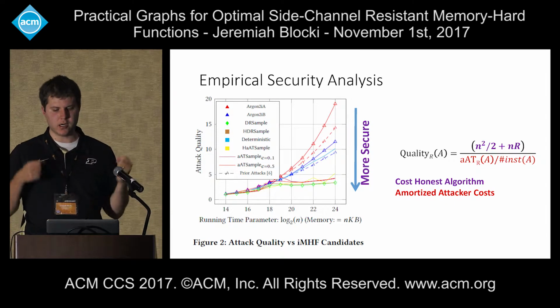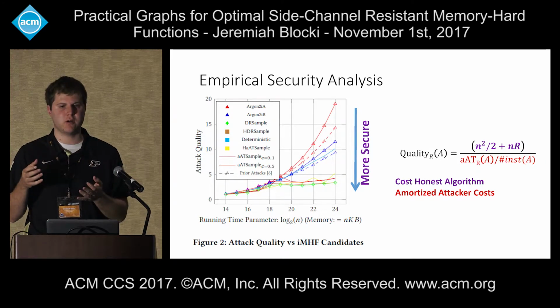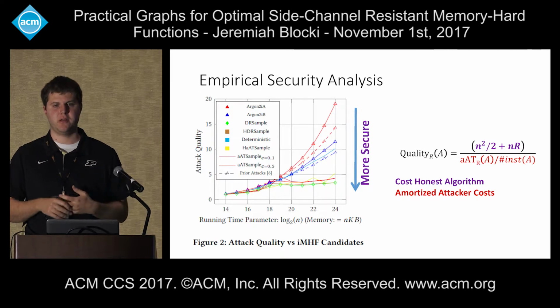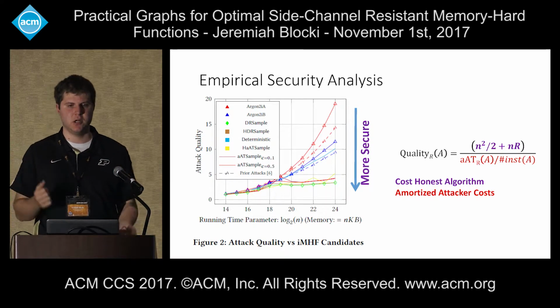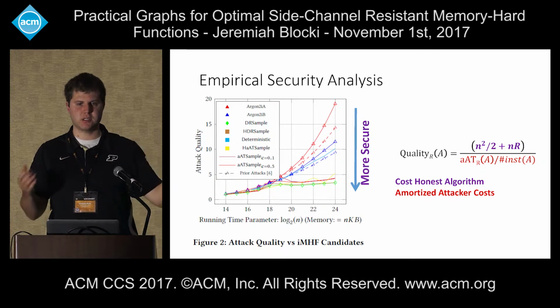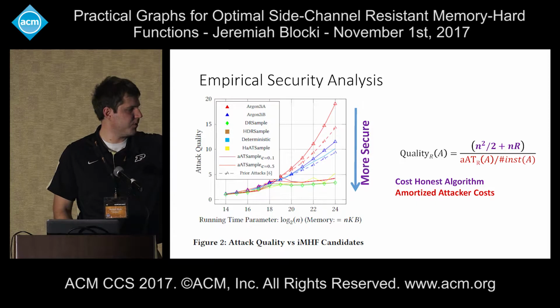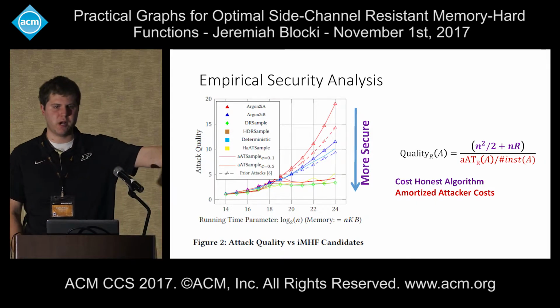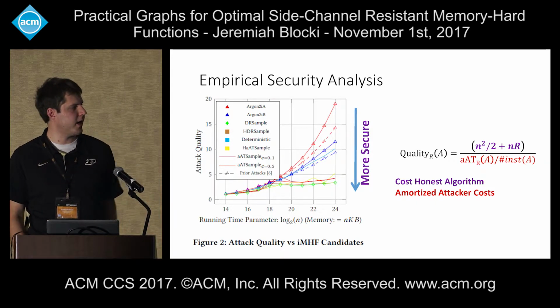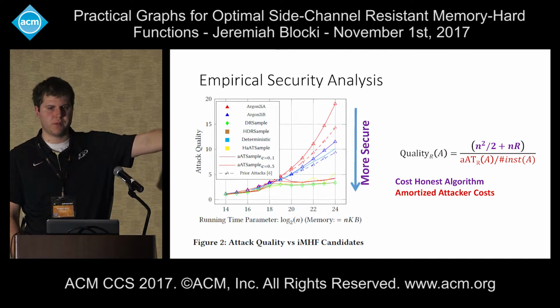Attack quality is just the ratio of the cost of the honest evaluation algorithm divided by the attacker's amortized cost. So plots towards the bottom here are more secure. In particular, DRSample is this green plot at the very bottom. Argon2iA and B are these red and blue curves at the top here.